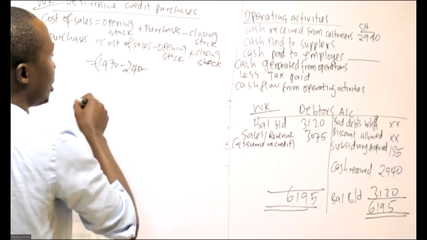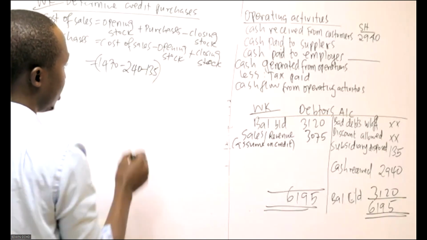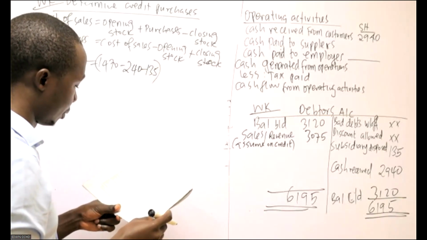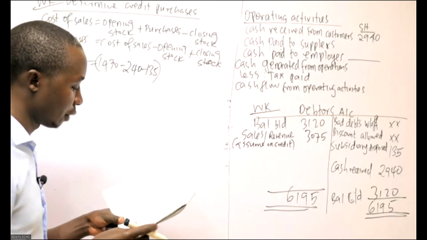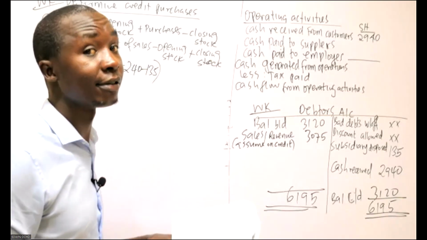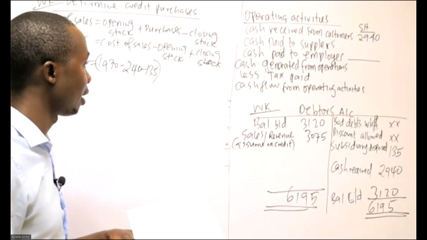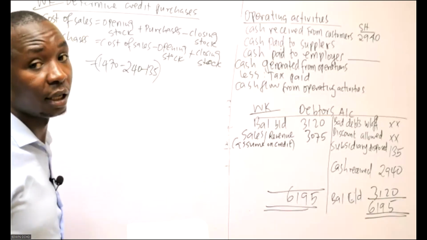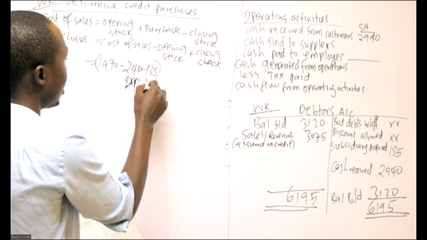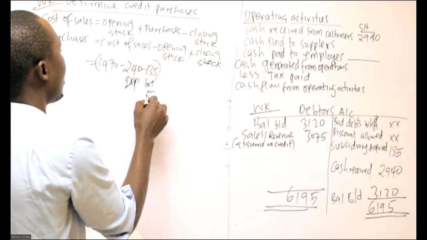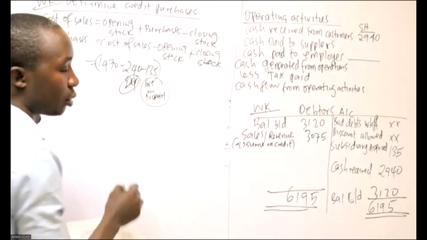Another thing we minus here is the loss on disposal of 135. Remember, there is a loss on disposal based on note 2. The carrying amount of the property which was disposed is 885, of which the property was sold at 750, at a loss of 135. 240 is depreciation, which is given in note 1. Depreciation and loss on disposal are obviously included under the cost of sales. You deduct the two.